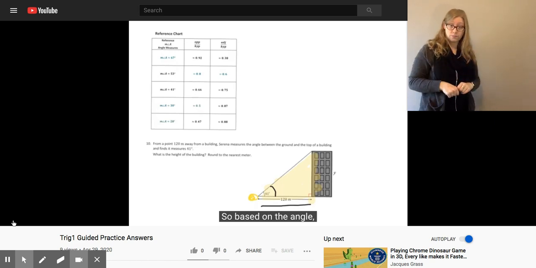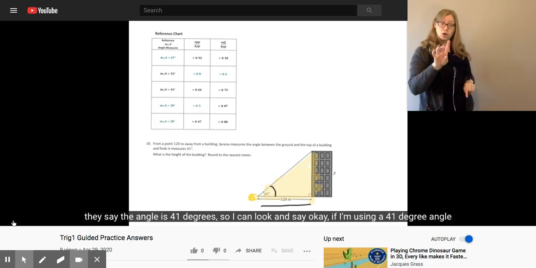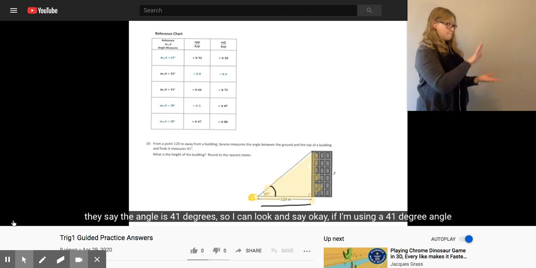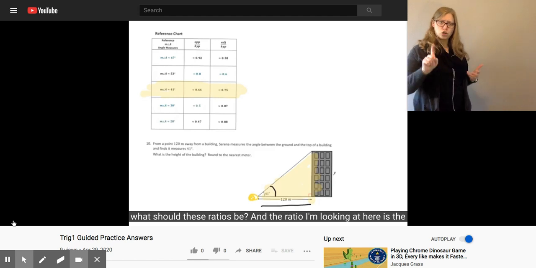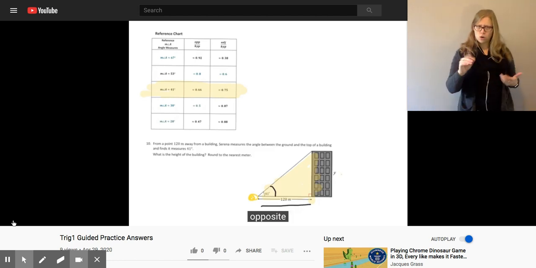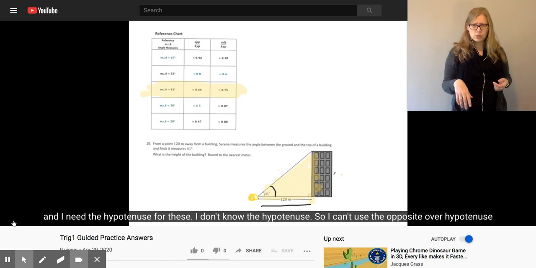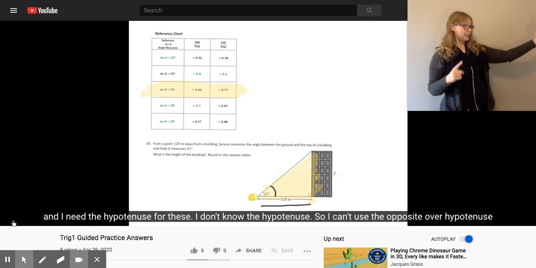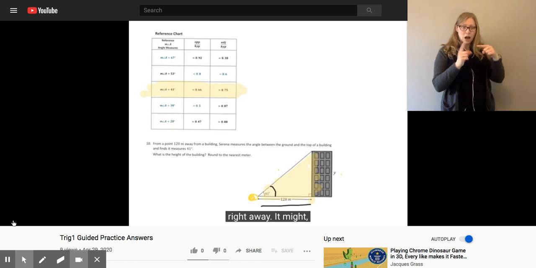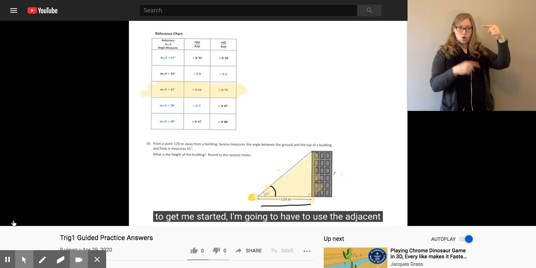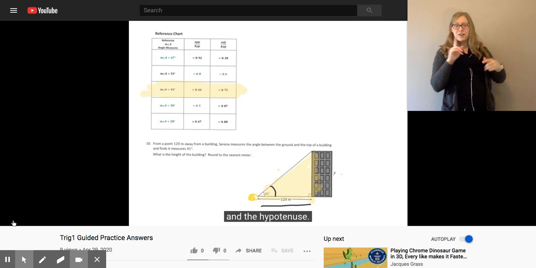So based on the angle, they say the angle is 41 degrees, I can look and say, okay, if I'm using a 41 degree angle, what should these ratios be? The ratio I'm looking at here is the opposite, and I need the hypotenuse for these. I don't know the hypotenuse, so I can't use the opposite over hypotenuse right away. To get me started, I'm going to have to use the adjacent and the hypotenuse.